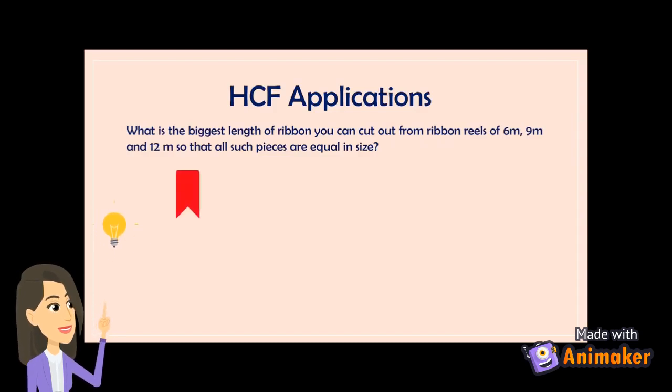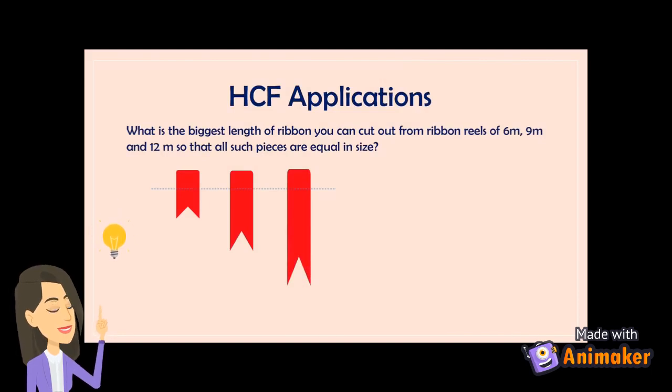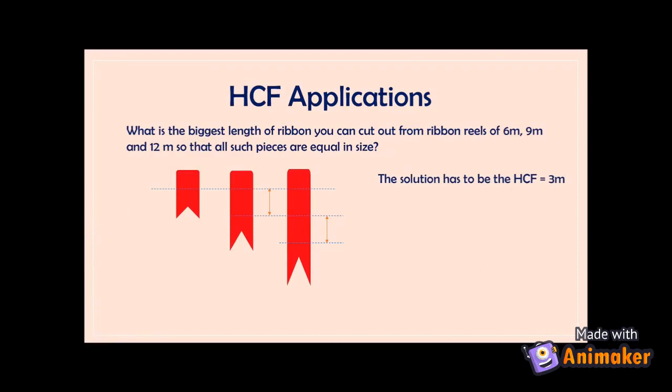So let's say this is a 6 meter ribbon, this is a 9 meter ribbon and this is a 12 meter ribbon, and you have to cut this in such a way that you get common length of all the pieces and that are equal. So here in this case the HCF is 3 meter. 3 is the HCF of 6, 9 and 12.